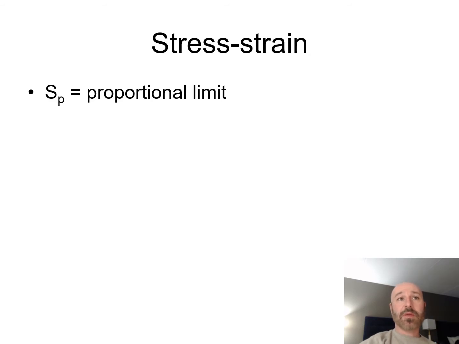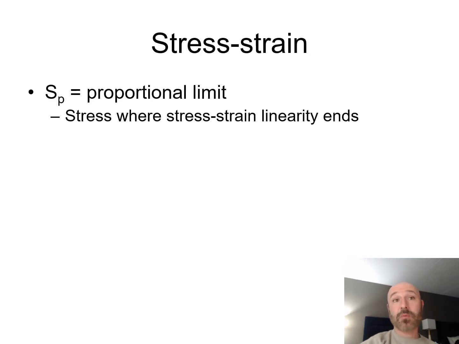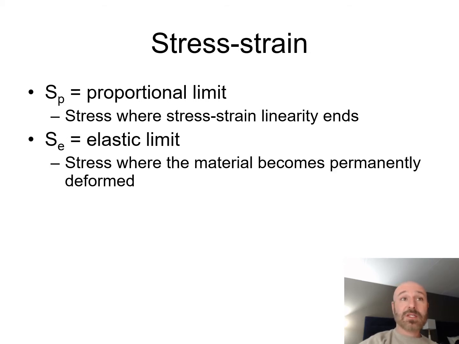And as we continue on, we can talk about our proportional limit, where the proportional limit is the stress where the stress strain linearity ends, and SE is the elastic limit, the stress where the material becomes permanently deformed. So there is a difference between these two. Your proportional limit is where that linear line stops being linear.